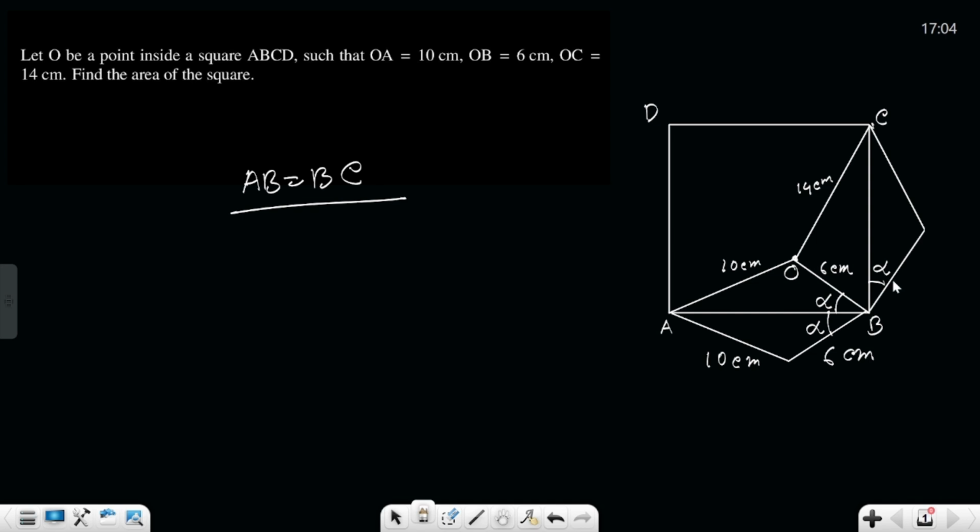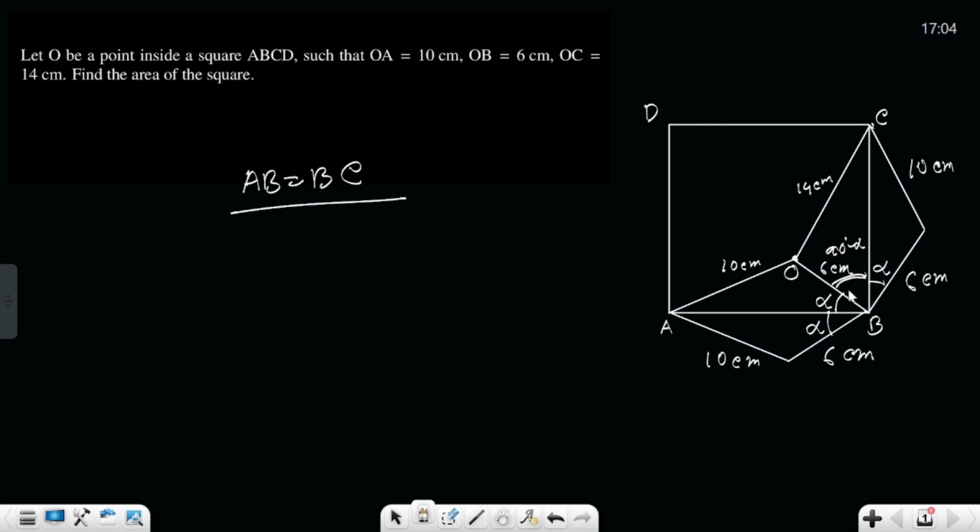So this is 6 cm and this is 10 cm, right? This angle is also alpha. Now analyze. Angle ABC is equal to 90 degrees because ABCD is a square, right? So this angle will be equal to 90 degrees minus alpha.